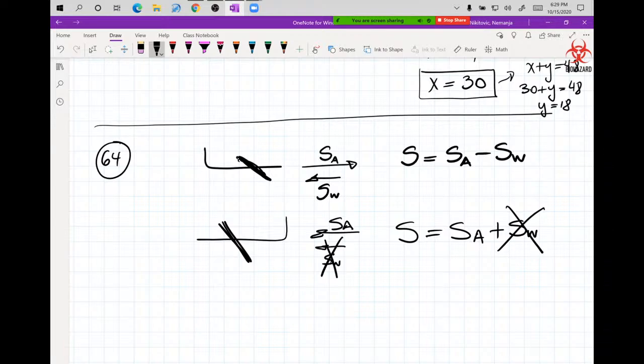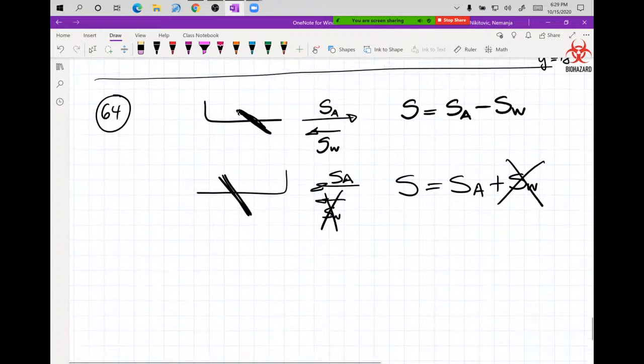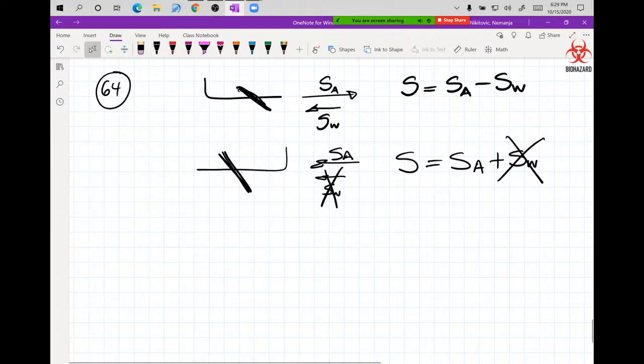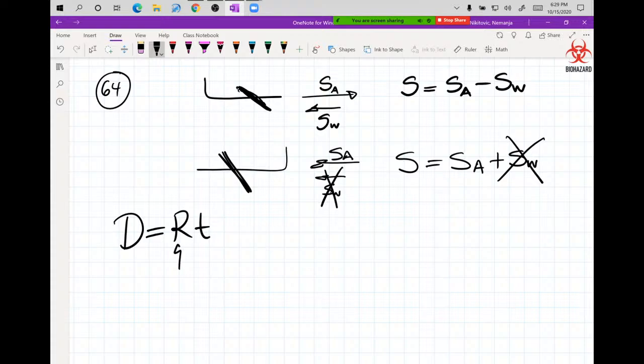And that is important, because if they said in the text that the plane was going against the wind, you have to subtract the speed of the wind. When it's going with the wind, then you will add. But when they mention nothing, that means there is no wind whatsoever. So now, when I'm writing my equations, and we know we are using the dirt equation, right? Where this is your speed.